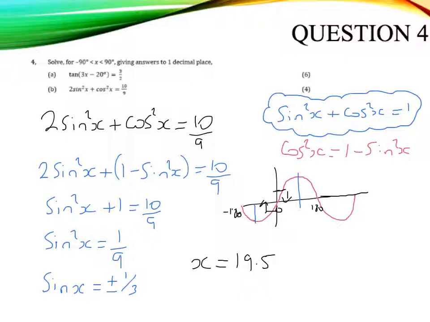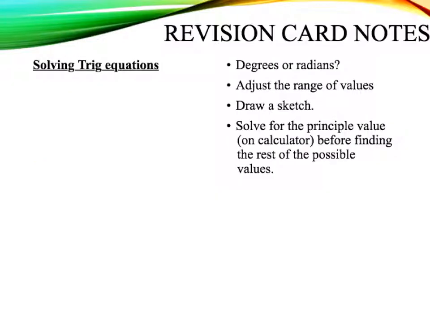That was if I did positive a third. If I do negative a third, then by symmetry, I'm also going to get the negative of this. So 19.5 and minus 19.5 degrees. Okay, two solutions, done.